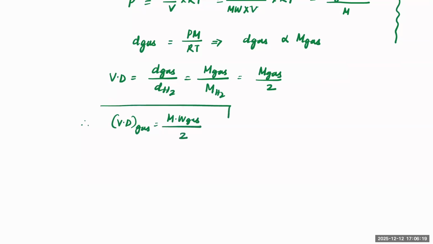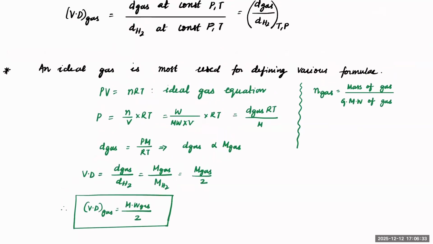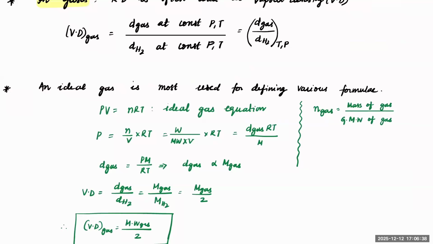So this is another important formula that you should remember. Is vapor density also unitless? Yes, it is dimensionless because it is a relative term.